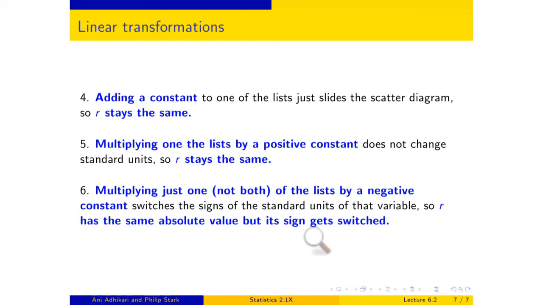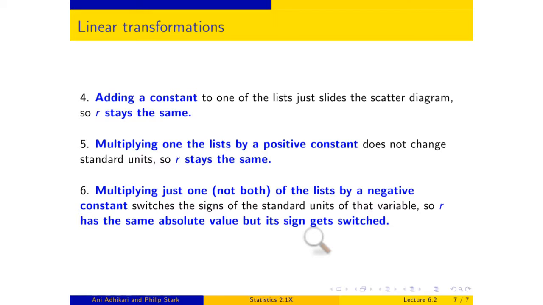So if you have a pair of variables and the correlation is 0.7, and you multiply one of the variables by minus 143.2, then the correlation between your new pair of variables is negative 0.7.